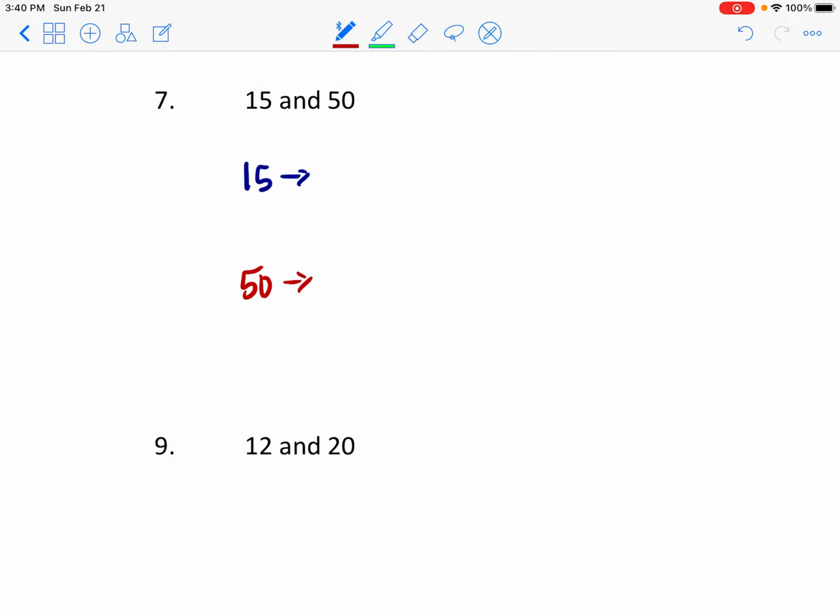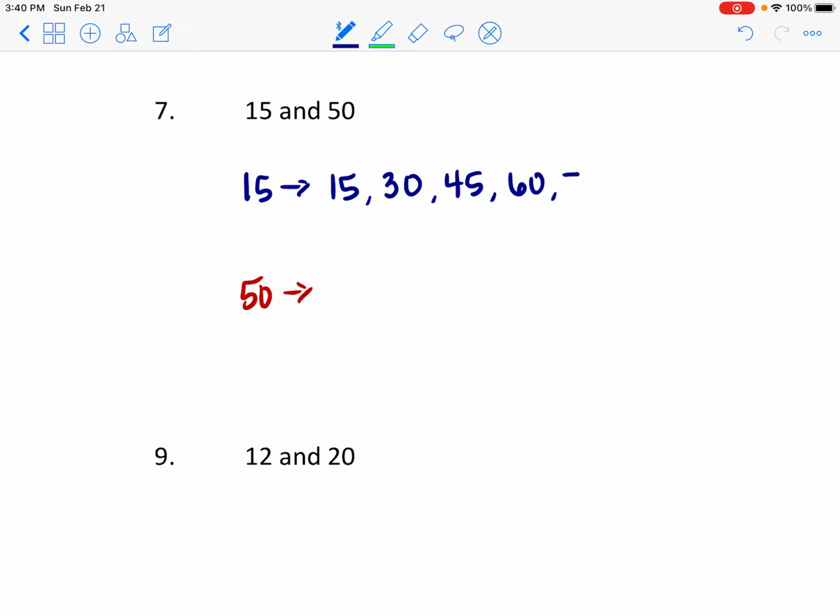Okay, so 15, let's see. 15 times 1 is 15. 15 times 2 is 30. 15 times 3 is 45. 15 times 4 is 60. 15 times 5 is 75. 15 times, where am I at? 1, 2, 3, 4, 5, 6 is going to be 90. And then 15 times 7 is going to be 105.